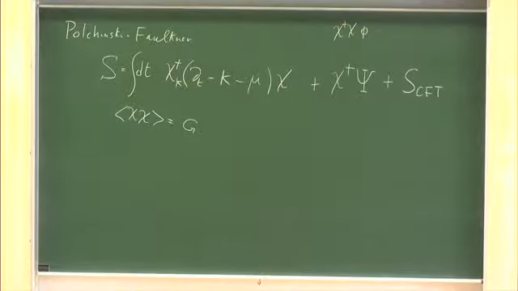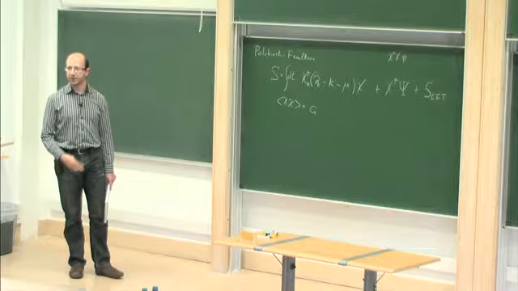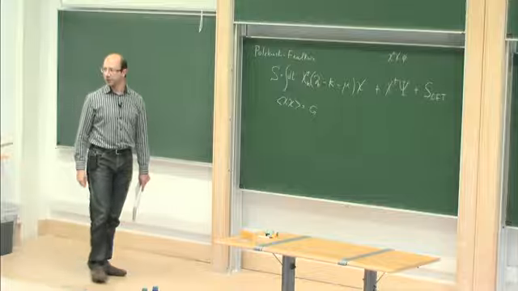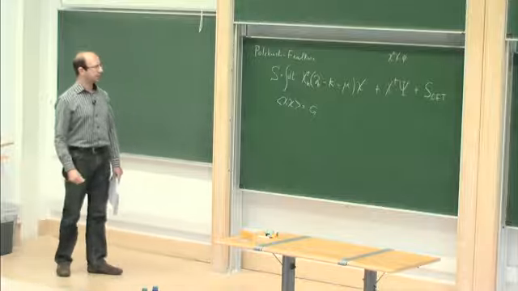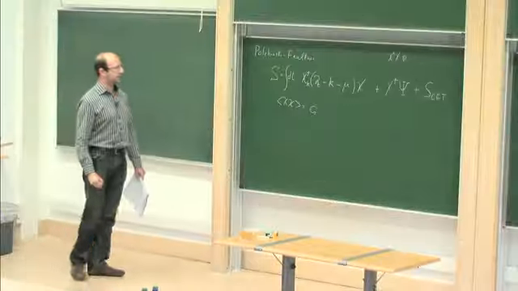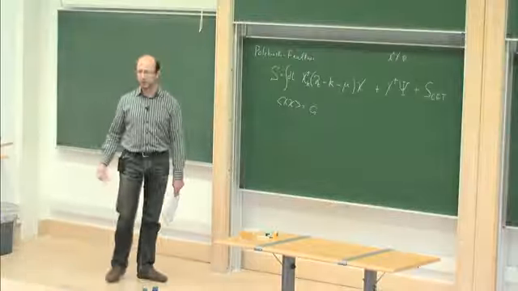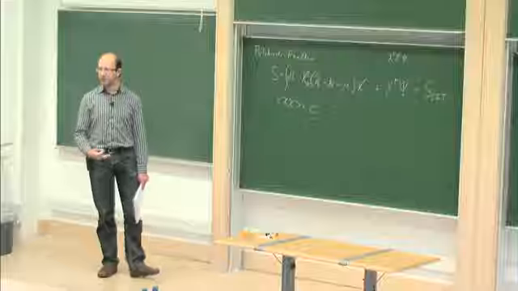Because there is a field of dimension 0, there are a lot of relevant deformations that you can add to this model in principle. But if you look at all these deformations, it turns out that most of them do not actually perturb this fixed point.